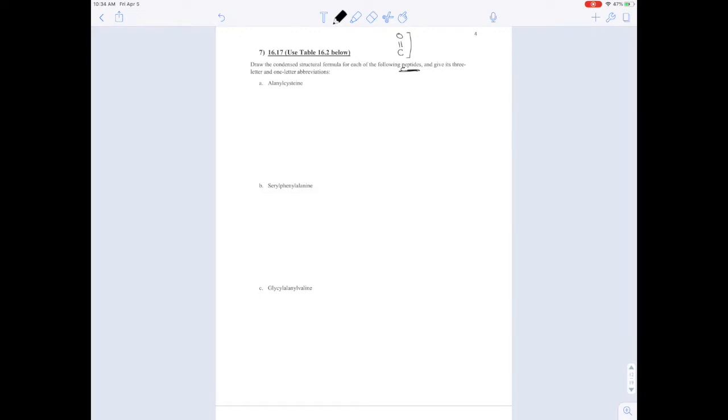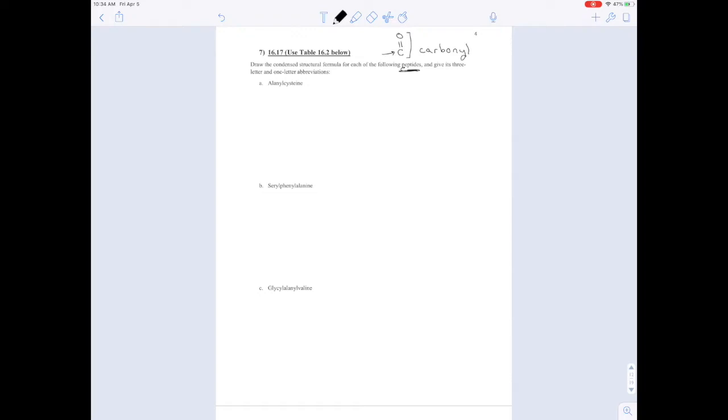It appears in the carboxylic acid that are in amino acids, and so it's going to appear in these peptides. I'm going to refer to that as a carbonyl. So I'll say nitrogen, carbon, carbonyl, carbon. And that's referring to this carbon right here.